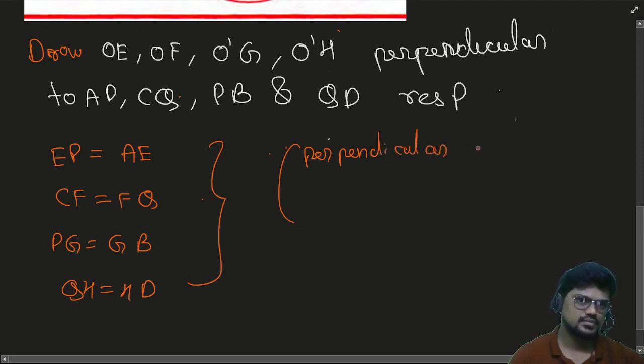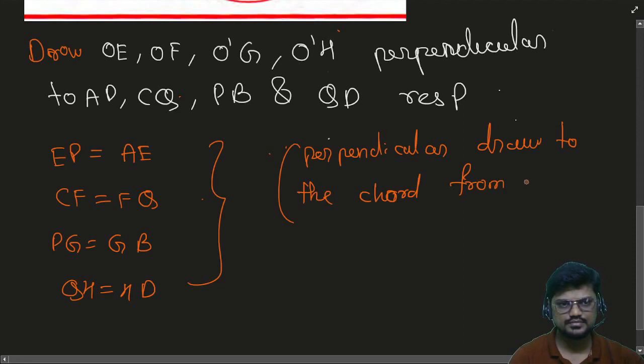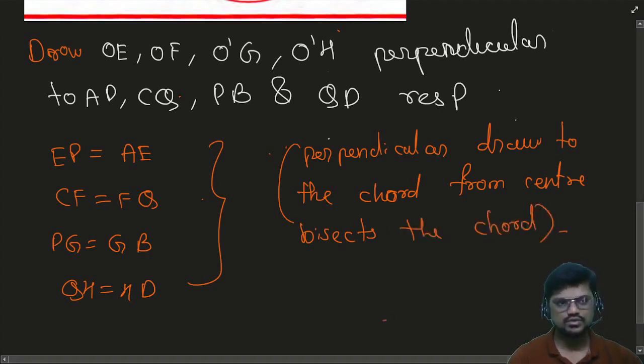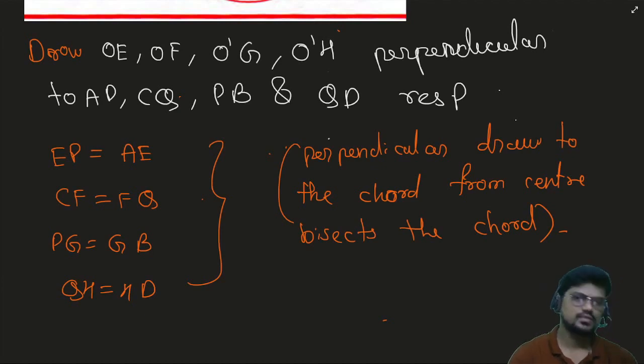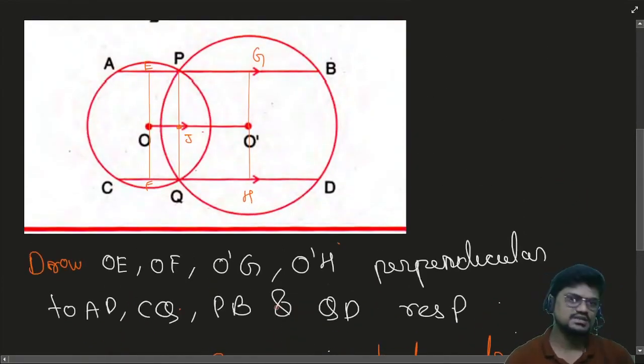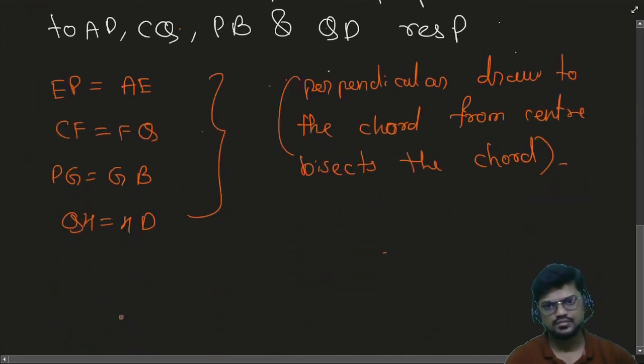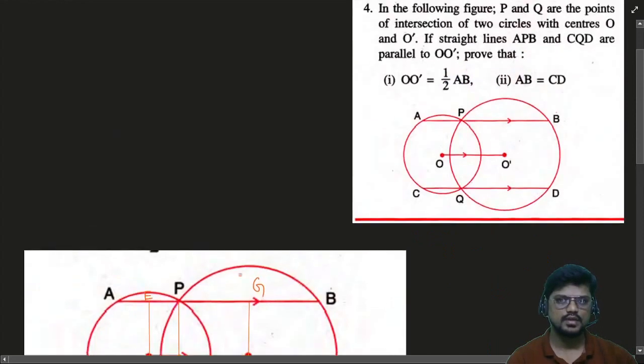Perpendicular drawn to the chord from the center bisects the chord. Yes or no? It bisects the chord. Fine, all these distances are equal. I also know that EP is equal to OJ, and PG is equal to JO dash, because this is a right angle, no?